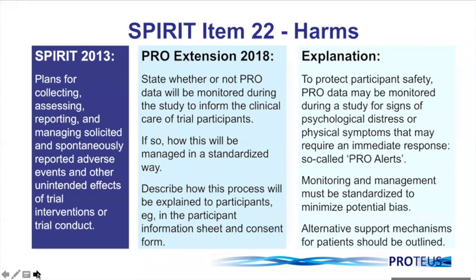Now, PROs have a very special aspect when it comes to this, because patients are actually reporting on, in many cases, their symptoms such as pain, and also psychological aspects such as anxiety.